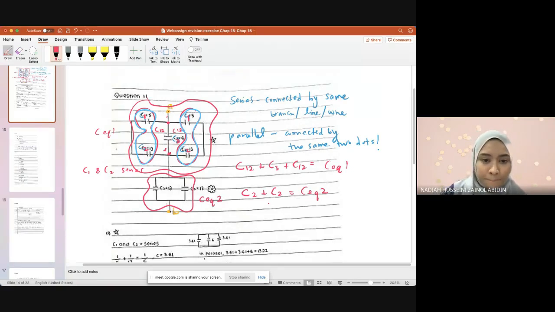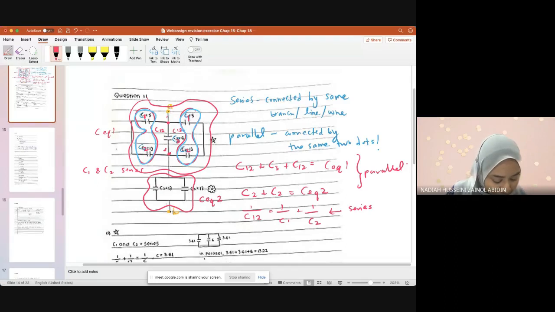Okay. Your C12 is 1 over C1 plus 1 over C2. So this is for series. This is for parallel. It is the opposite of resistance. Okay, take note of that. So, not busy.